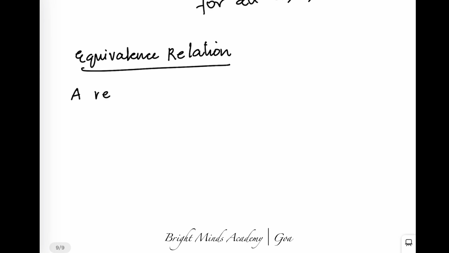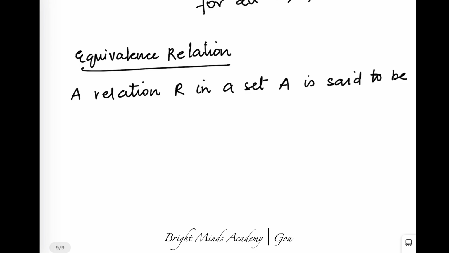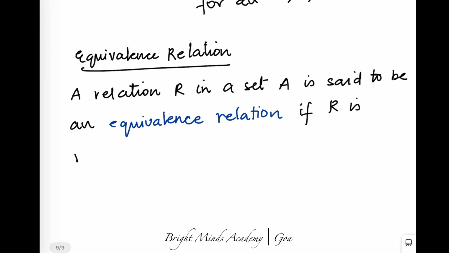Now that we have learned about reflexive, symmetric and transitive, lastly we're going to learn about what an equivalence relation is. A relation R in a set A is said to be an equivalence relation if R is reflexive, R is symmetric, and R is transitive.